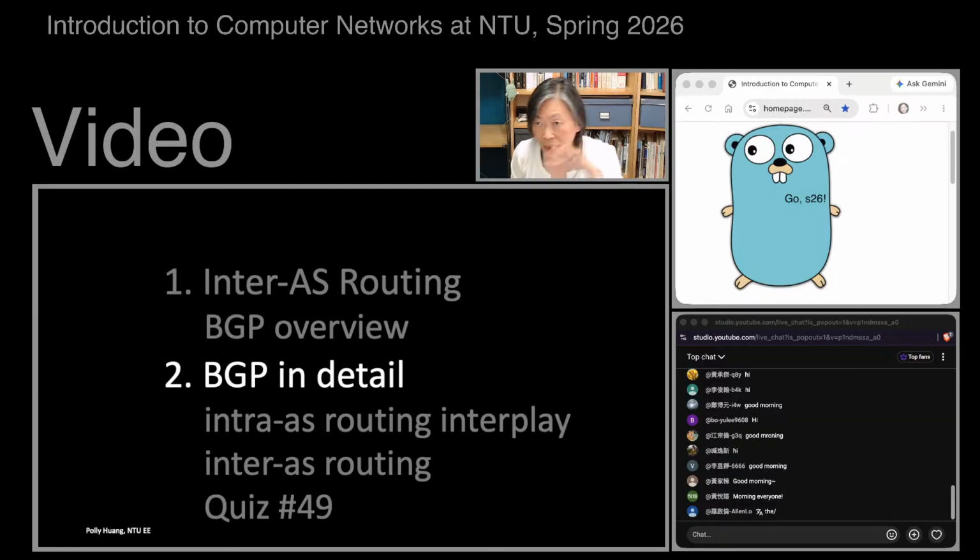Next, the topic is called BGP in detail, but what we mean is going one level down, right? Previously we talked about the routing part, but if you recall, back when we were talking about link state routing, we do the Dijkstra algorithm. We can develop the full table, but what's more important is, hey, what is the forwarding table each of the routers would end up having?